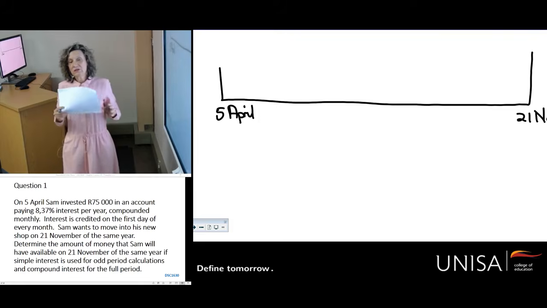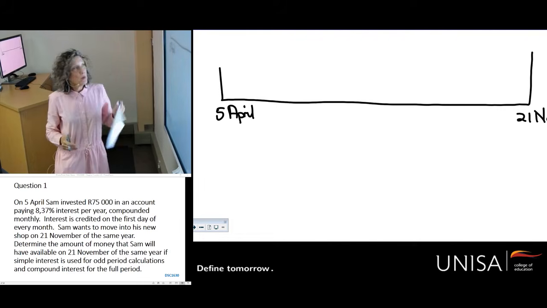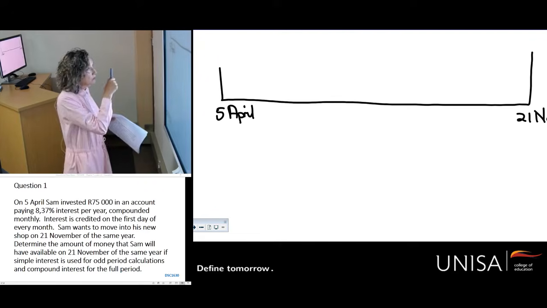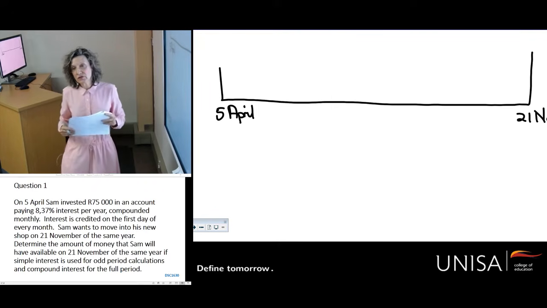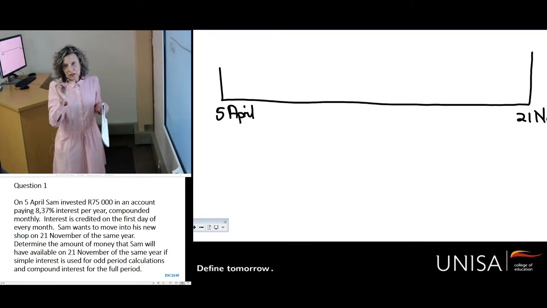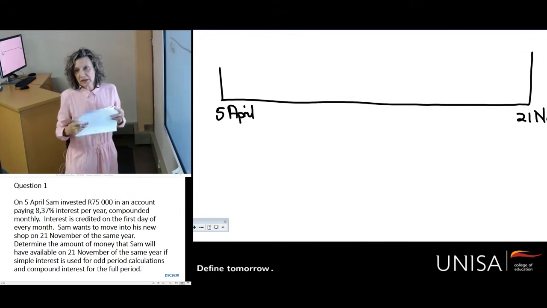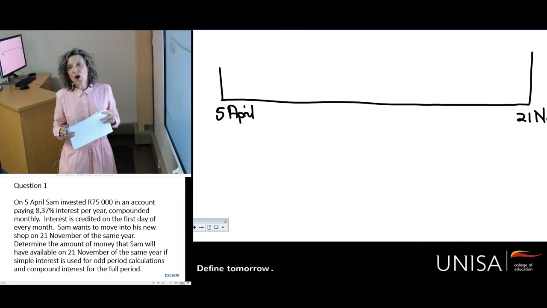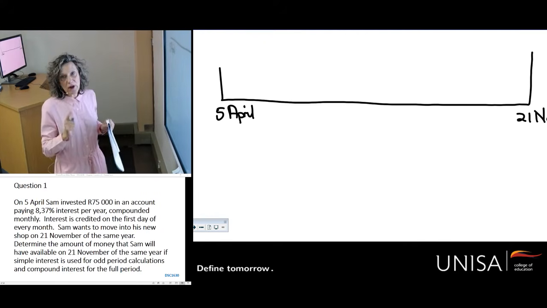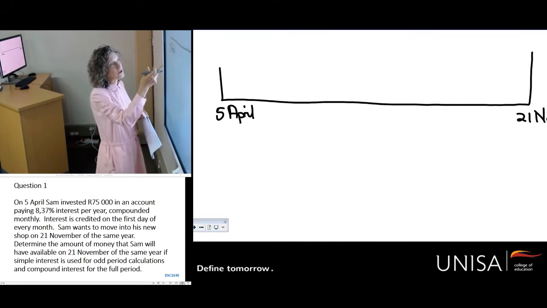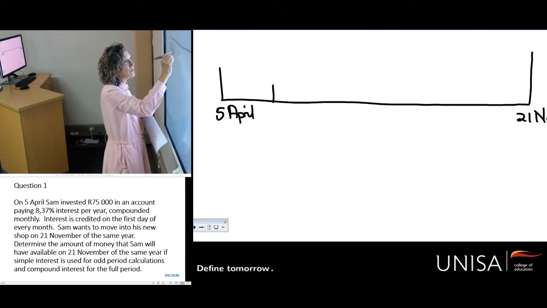Then our second step is we fill in our interest dates in between the 5th of April and the 21st of November. Now that will give you the indication of where the odd periods are. So if we look at that, it says interest is credited on the first day of every month in that specific year. So if it's the 5th of April, the first one after the 5th of April will be the 1st of May. Right?